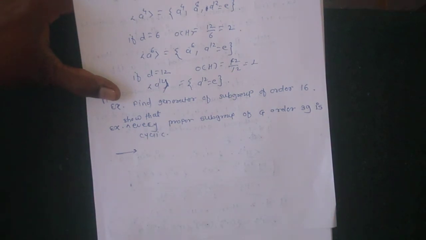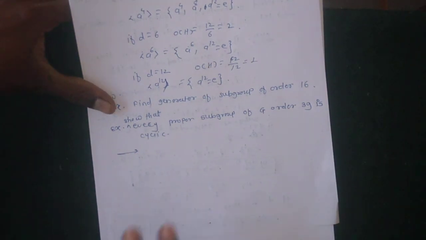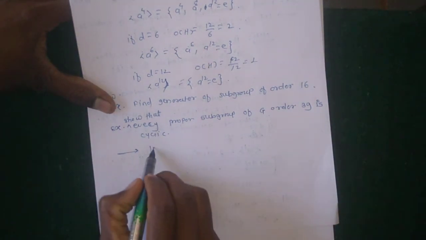So here, to show that every proper subgroup of G of order 39 is cyclic, we use Lagrange's theorem.